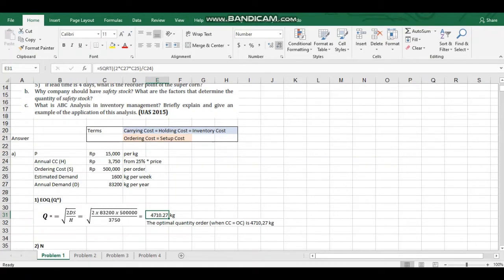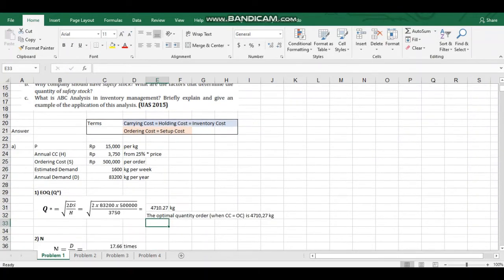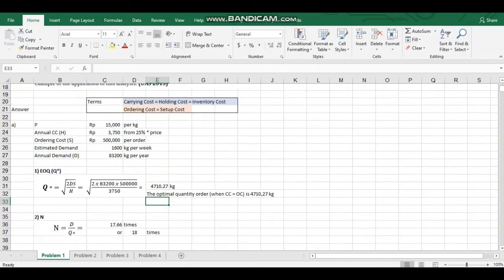We can round it up, or just let it be like that. So the EOQ for this case is this number, and the optimal order quantity is when the carrying cost or holding cost is equal to the ordering cost.